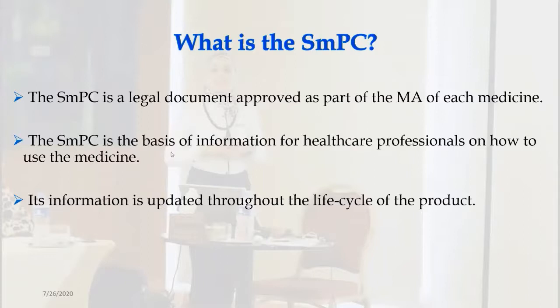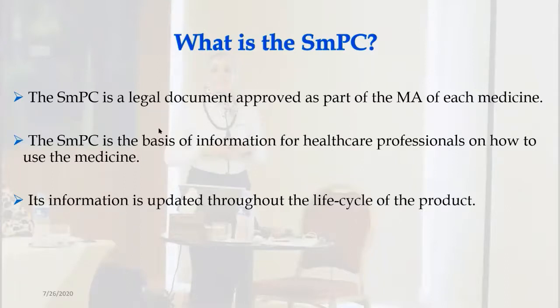The SMPC is the basis of information for healthcare professionals on how to use the medicines, and it is updated during the life cycle of the product. So once there is any update in the life cycle, and the information which will be updated is related to the SMPC, we have to submit a variation in order to update our SMPC in the health authority and to have the approved SMPC according to the updated information included in it.